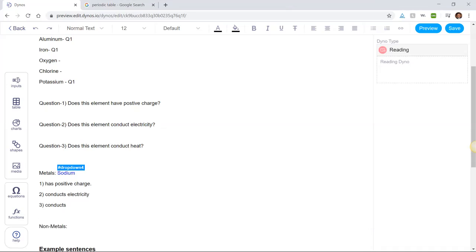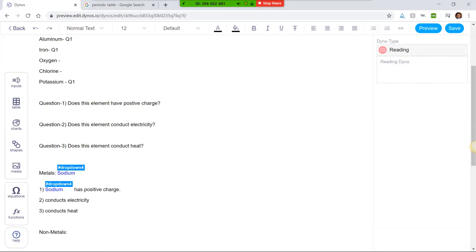conducts heat, right? So wherever you have metals, you can simply say hashtag dropdown 4. Sodium has positive charge. Sodium conducts electricity.